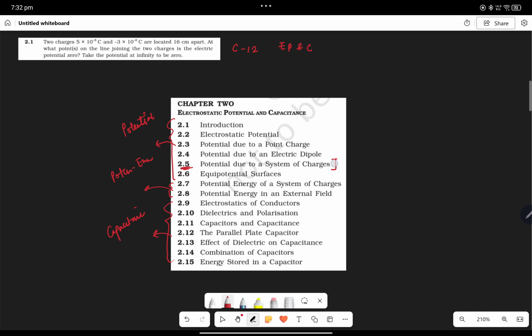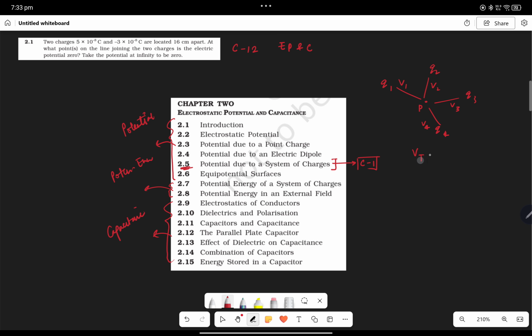So in this particular topic, let me write concept number 1. If you have charges q1, q2, q3 and q4, and at point P we have to find the potential, the potential you get because of all these charges is V1, V2, V3 and V4.